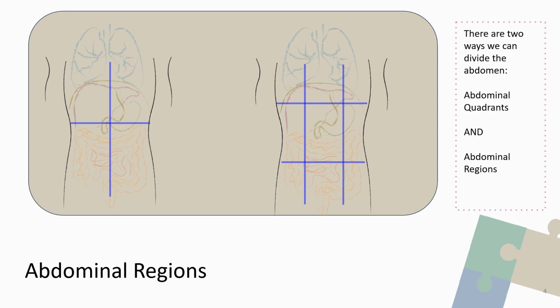If we want to be extremely specific, we're going to go with the abdominal region names versus the abdominal quadrants. However, you're going to see both in all of your licensure exams, your certification exams, your SOAP notes, your practice notes, and your orders. So making sure that you can use this terminology in both formats is very, very important.